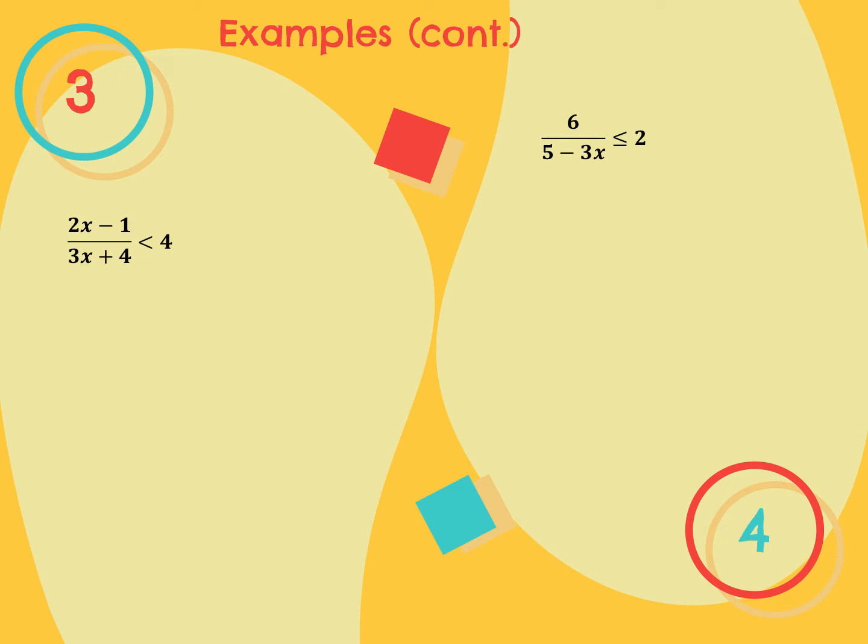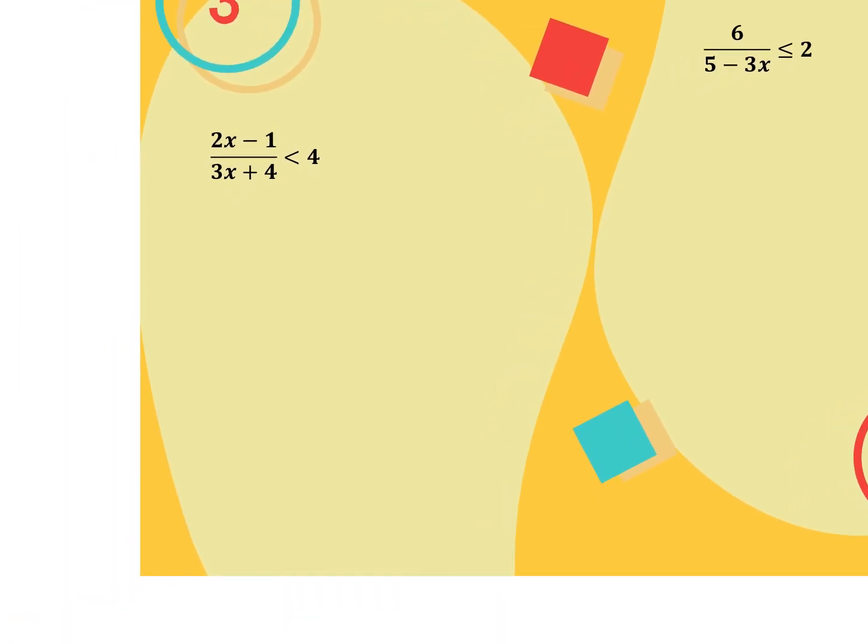Number 3. So again, we need to move the 4 to the left side. So I'm going to subtract it because again, I need it equal or less than 0 in this case. So now I have 2x minus 1 over 3x plus 4 minus 4 less than 0.